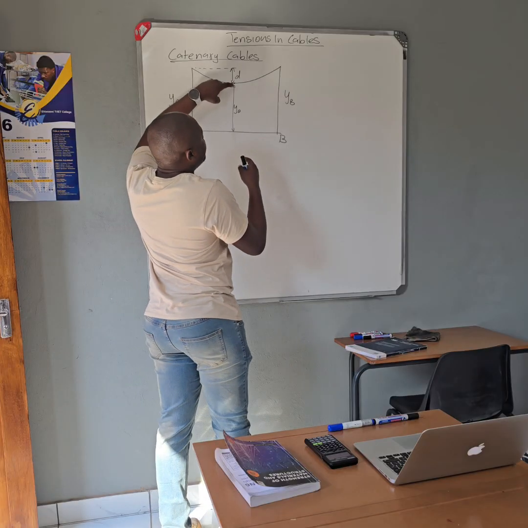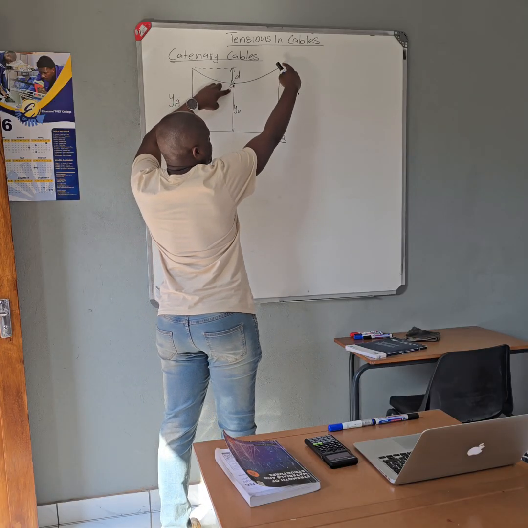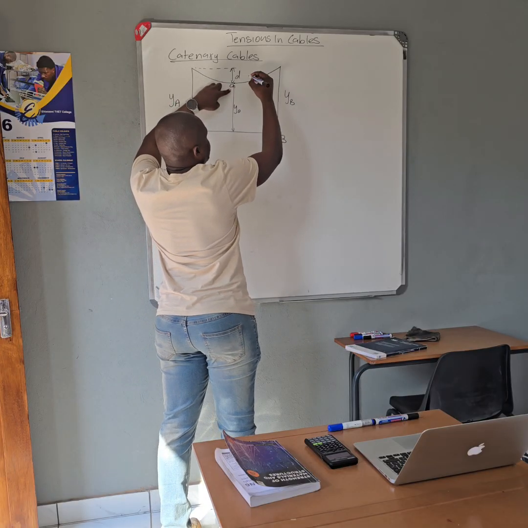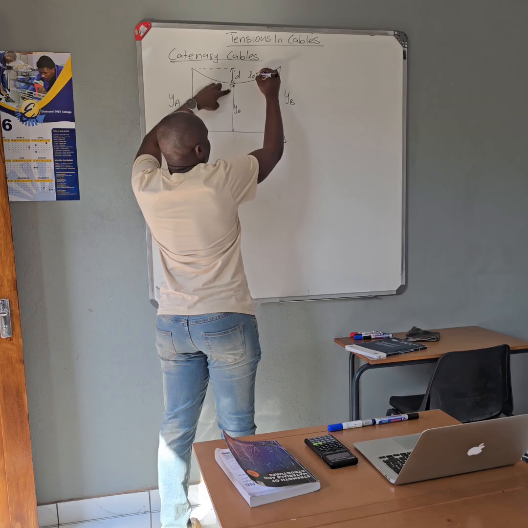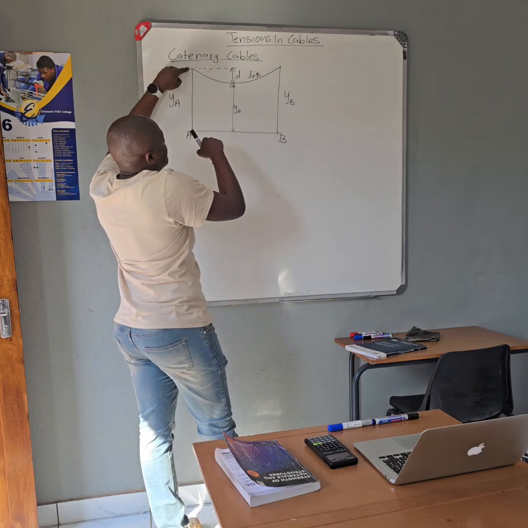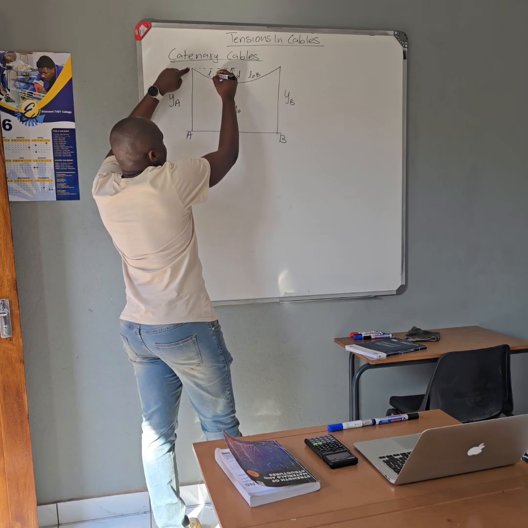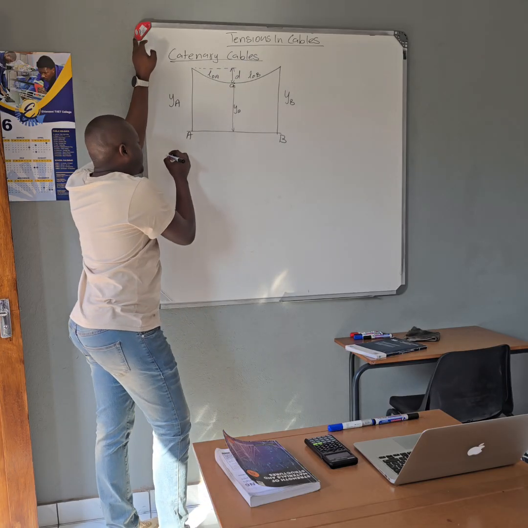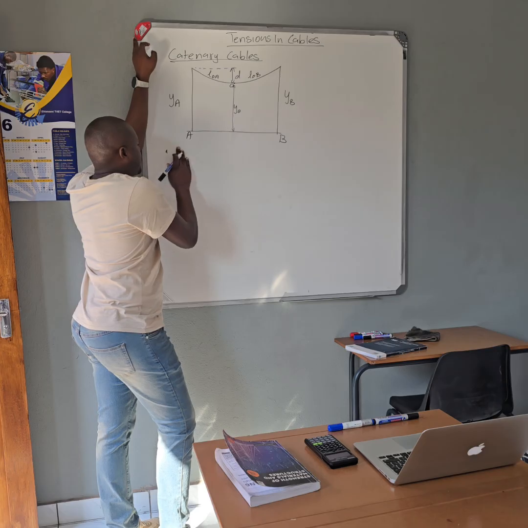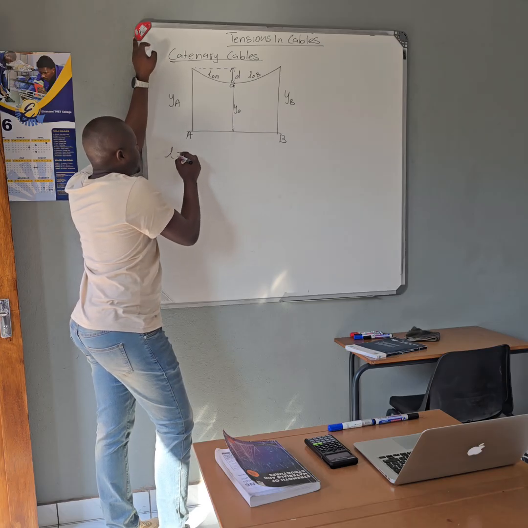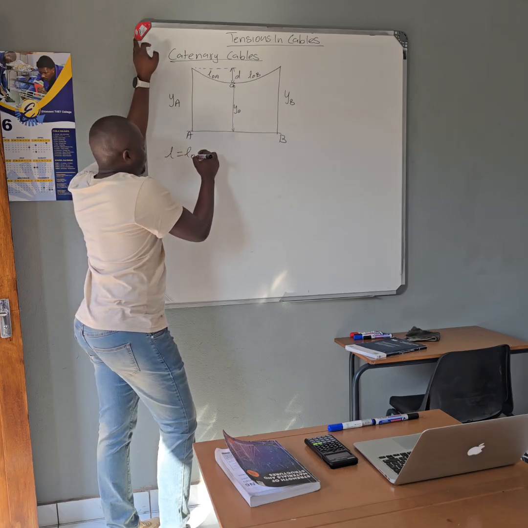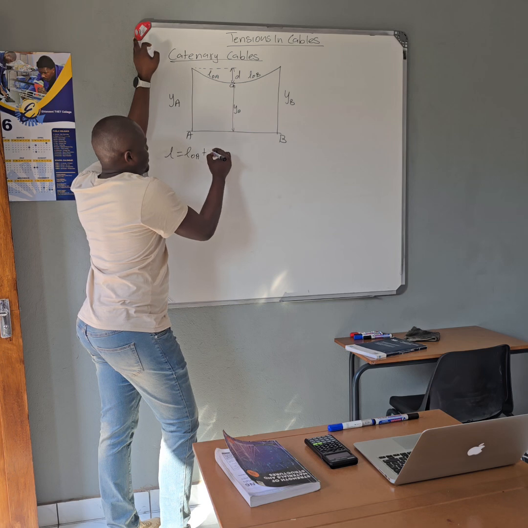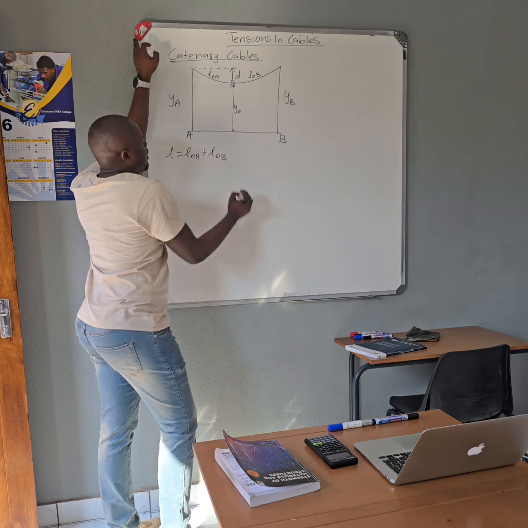The length of the cable from point O to support B, let's call it LOB, and from O to the other support, LOA. So the total length of the cable is equal to LOA plus LOB.